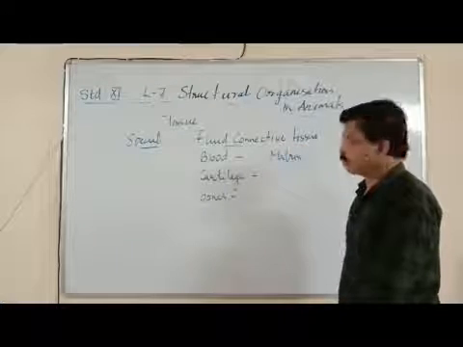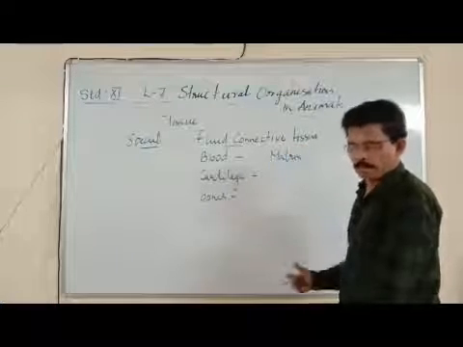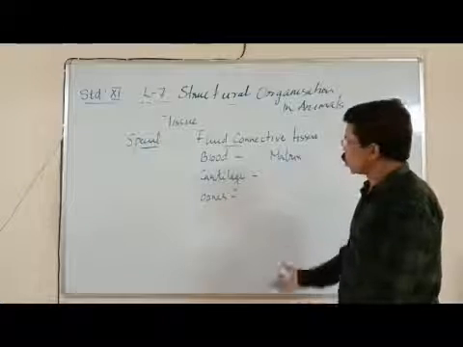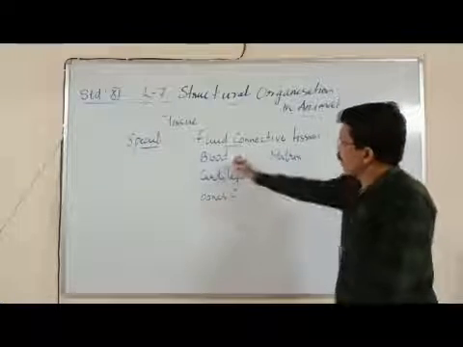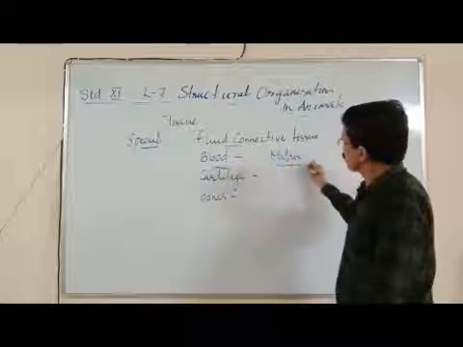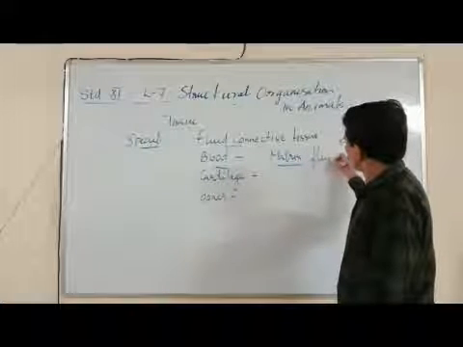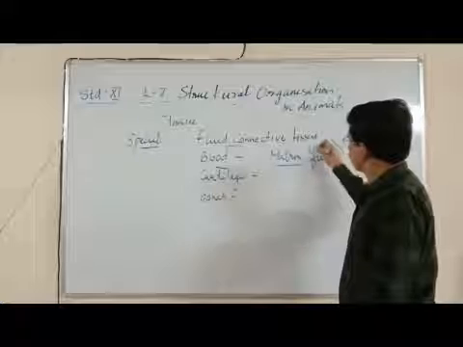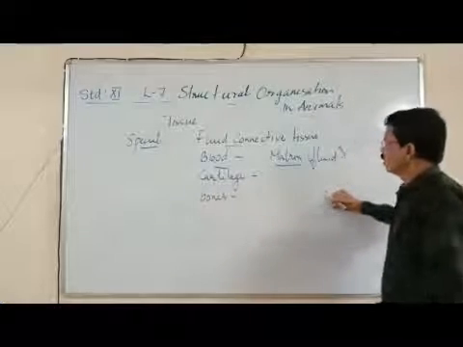Matrix may be fluid, semi-fluid or solid. Here in blood, the matrix is fluid. Hence it is called fluid connective tissue.